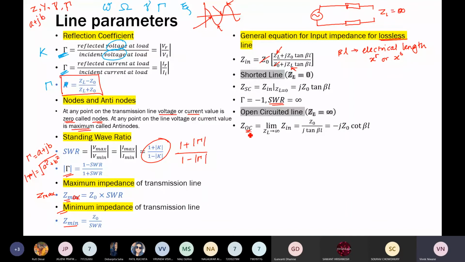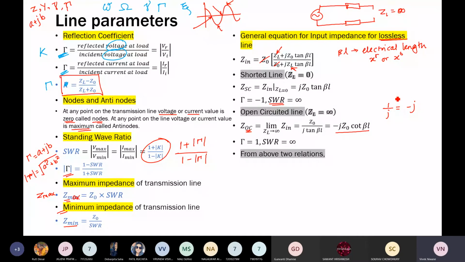The open circuit impedance of a transmission line is expressed as minus jZ0 cot beta L. Do remember that 1 upon j is as good as minus j. Here we will get reflection coefficient equal to 1, and once again we have lots of problem with the standing wave ratio. It is once again infinity.